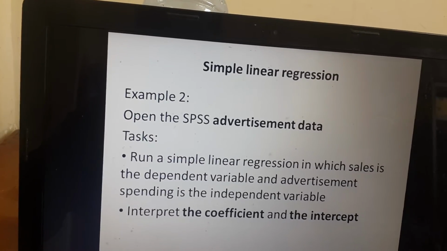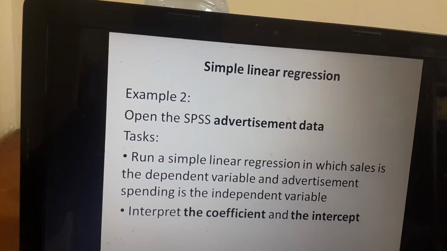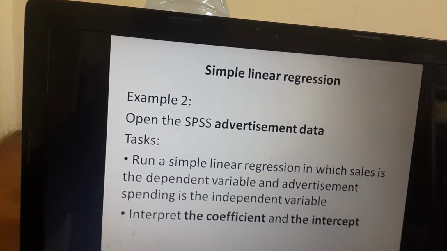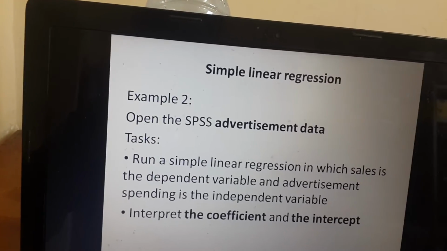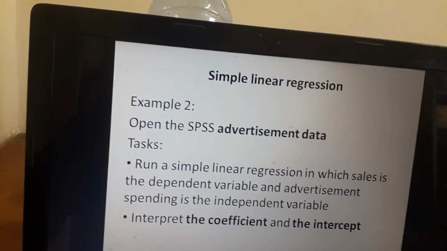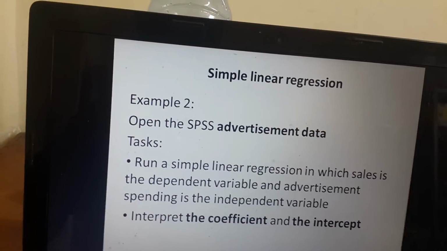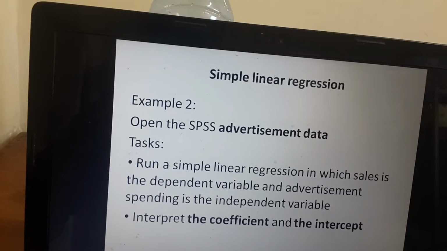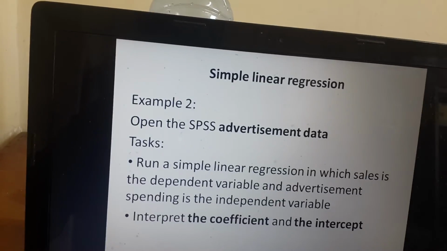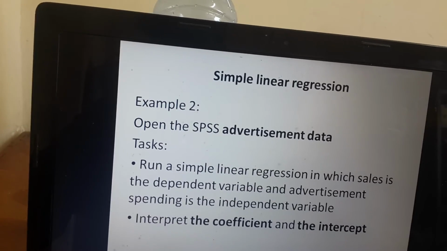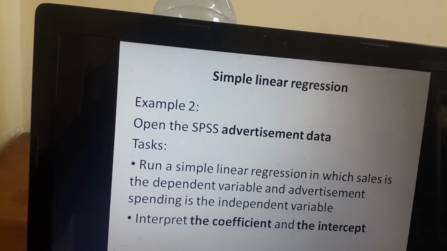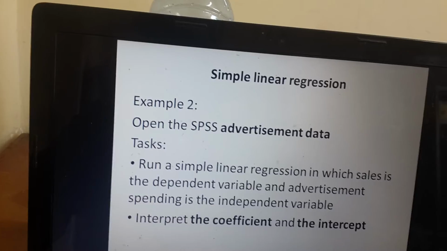Here, advertisement spending is the independent variable. So if we do well at advertisement, our sales may increase. That's why we said that sales is dependent and advertisement spending is the independent variable. We can also interpret the coefficient and the intercept of the SPSS output.